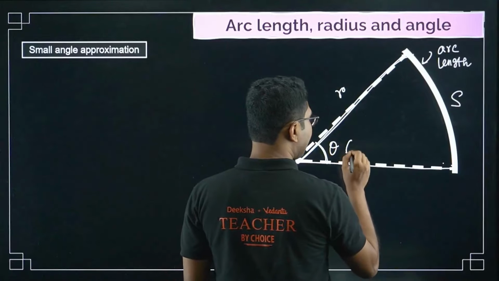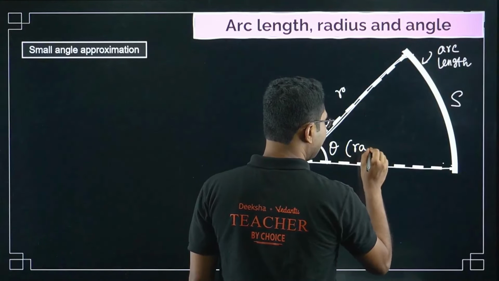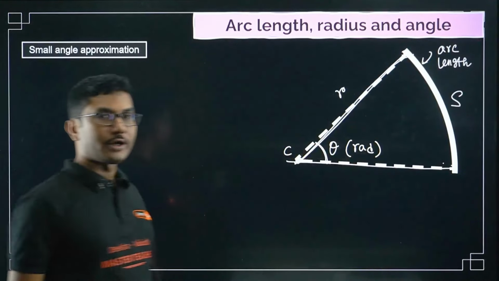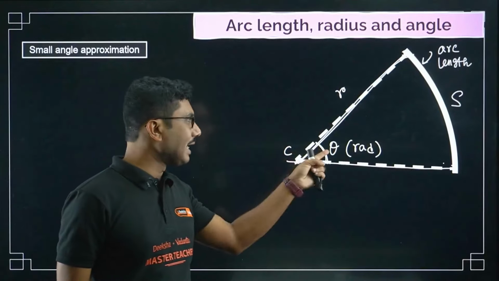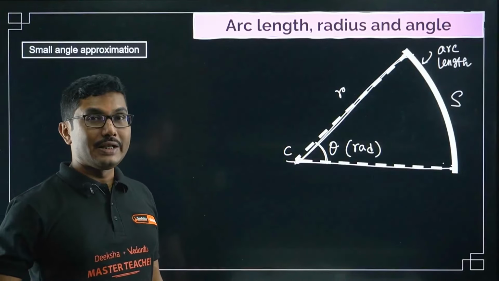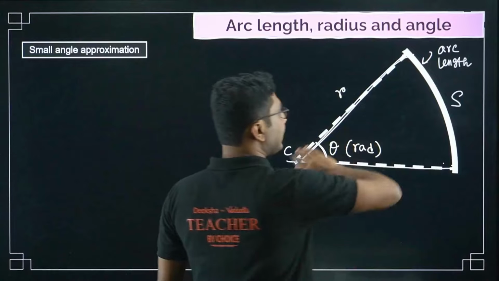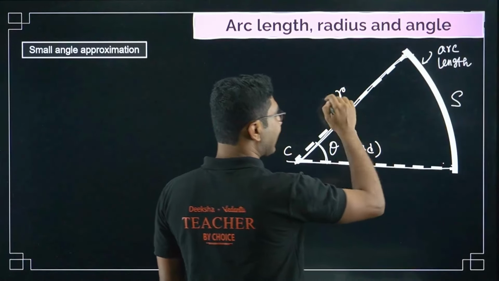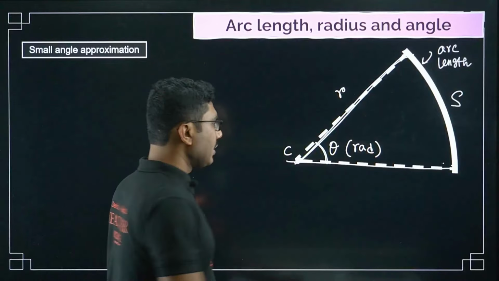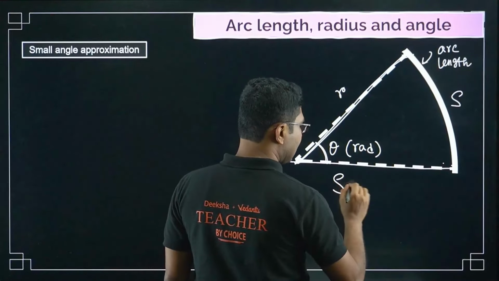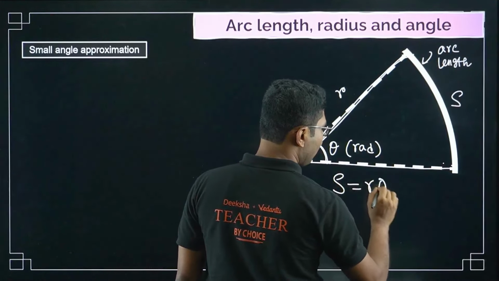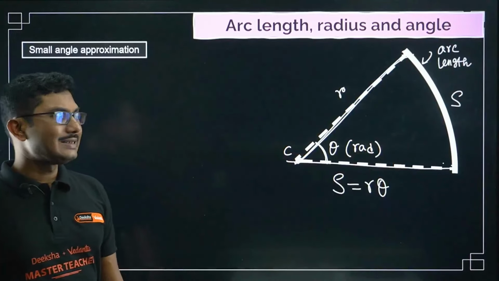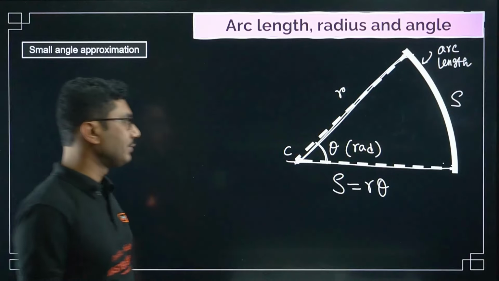Now here this theta angle is measured in radians. Very, very important part. This angle theta is measured in radians. So there is a relationship between r, s and theta. S equals r into theta.